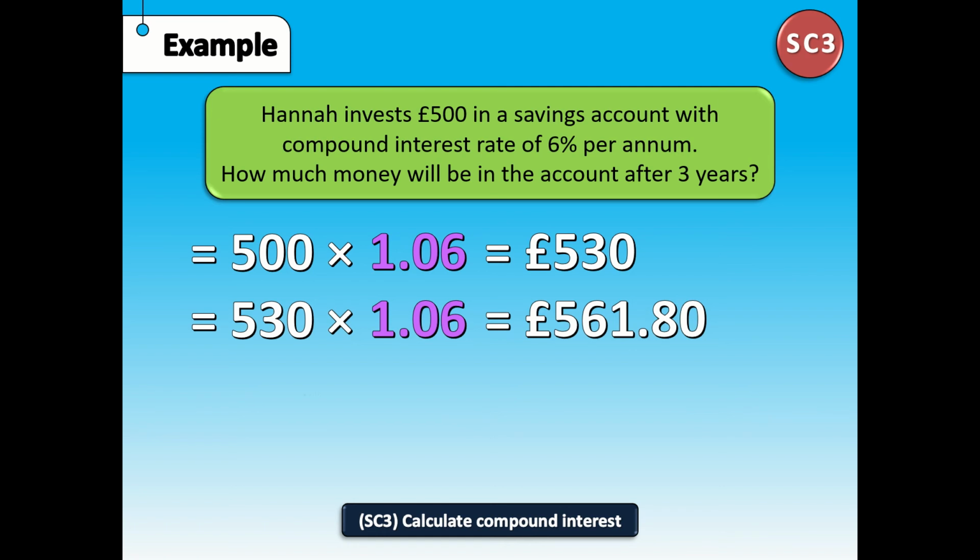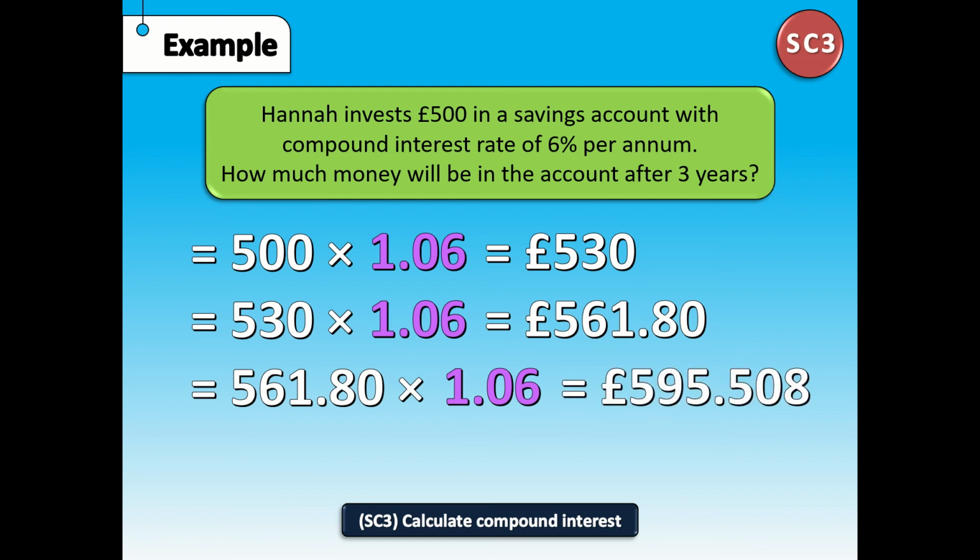In the third year, we times that amount by a 6% increase, which gives us £595.508, which, if we round it to the nearest pence, is £595.51.